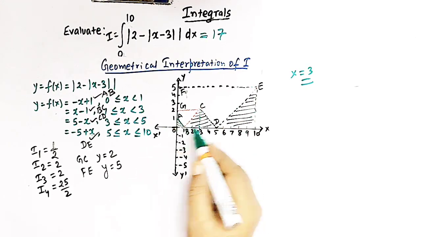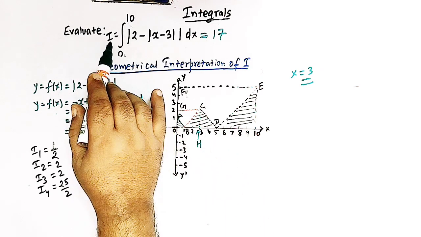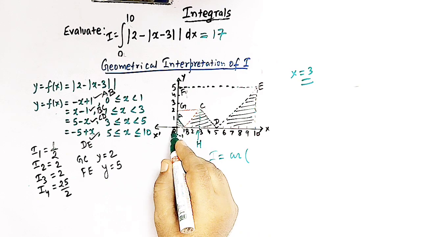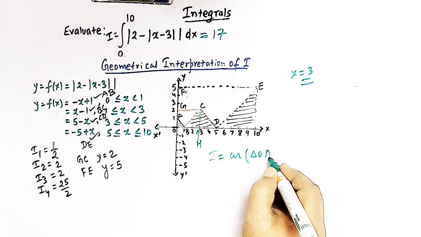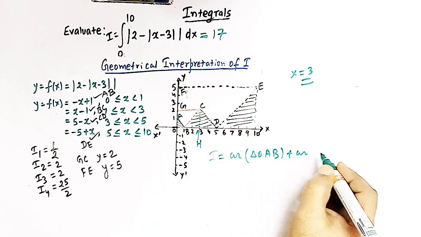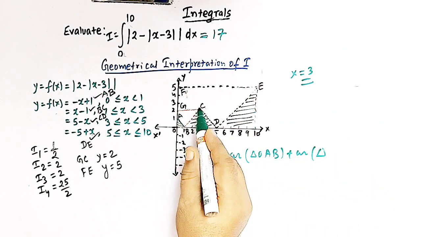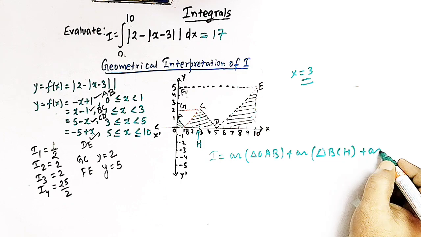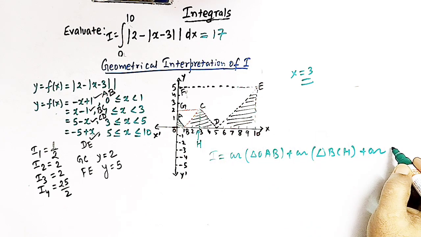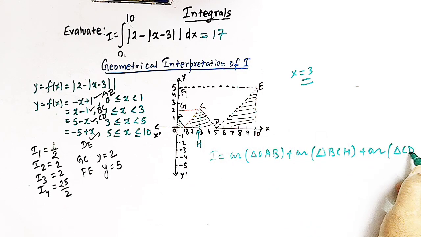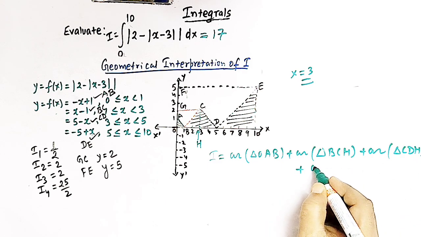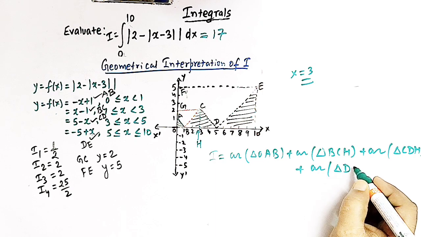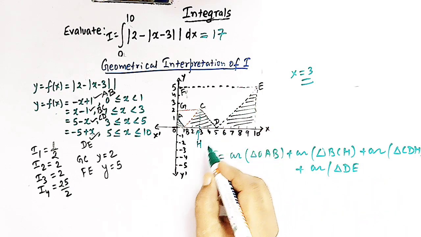So now the total area represented by this integral I is given by area of triangle OAB. Then we have area of triangle BCH, and then we have the area of triangle CDH, and then we have the area of this triangle, that is DE, here EFGHI.